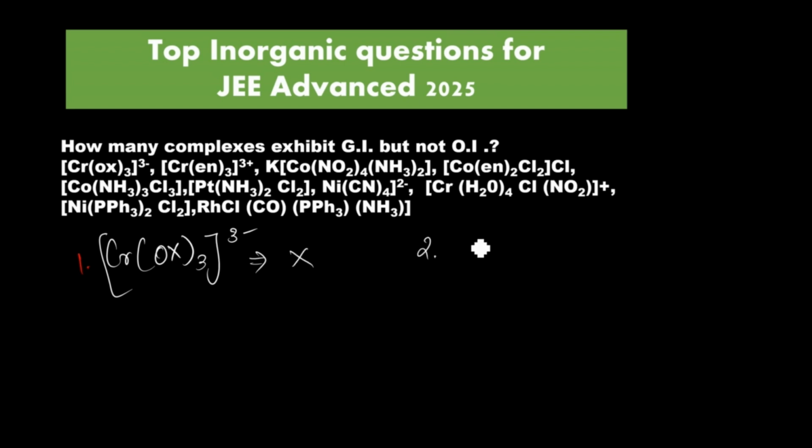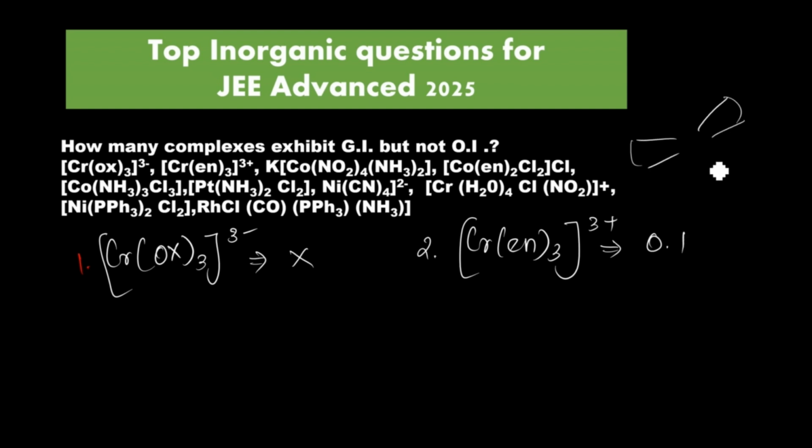The second complex, that is again AA3 type, but here you can see the twist. It can exhibit optical isomerism because it can form a structure like this with the metal. So it can exhibit optical isomerism but not geometrical. We want the geometrical but not optical. So moving on to the third one.